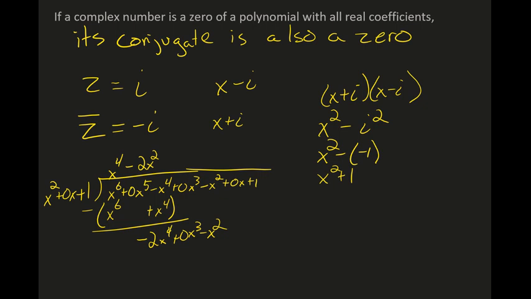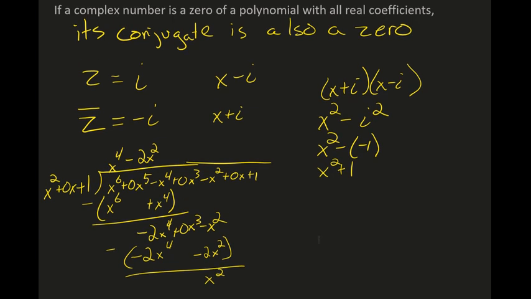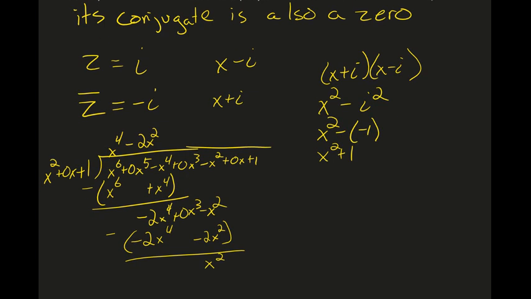Multiply that negative 2x squared by our entire divisor. All right, and then plus 1.